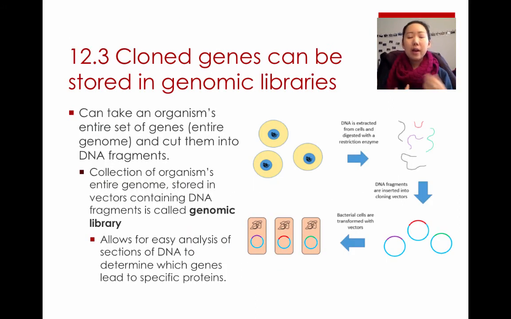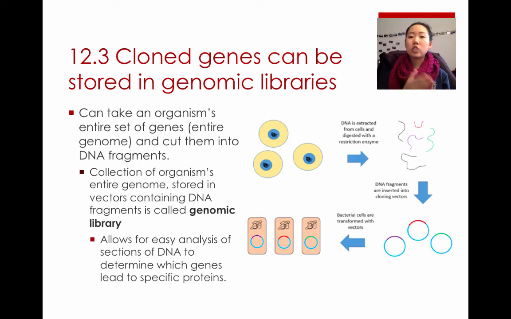Okay, so another application of all of this is we might want to create a genomic library. A genomic library is when we take an organism's whole set of DNA, called their genome, and we cut it into DNA fragments. And then we put those fragments into different plasmids. And so now we have an easy way to analyze the organism's DNA.